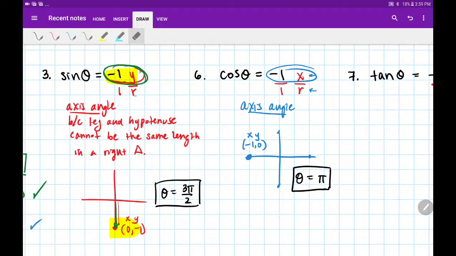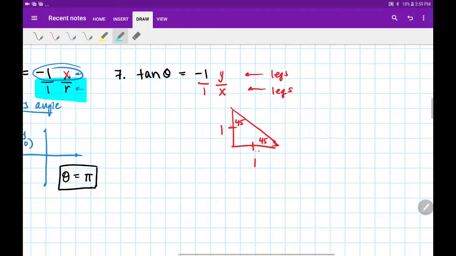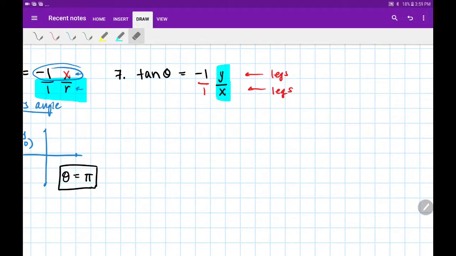It was impossible as a triangle. And that's true. That's because our leg, y and x, couldn't be the same as the hypotenuse. But here we have our legs being equal to each other, which simply means we're dealing with a 45, 45, 90 triangle.